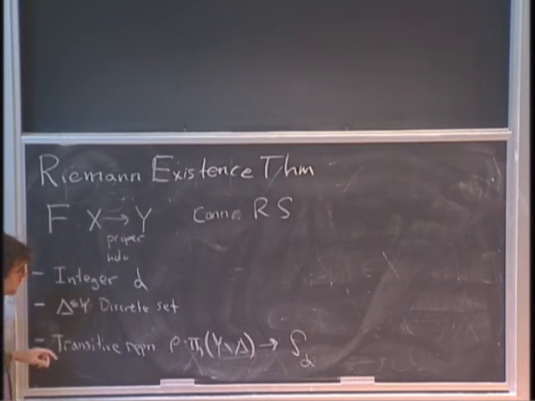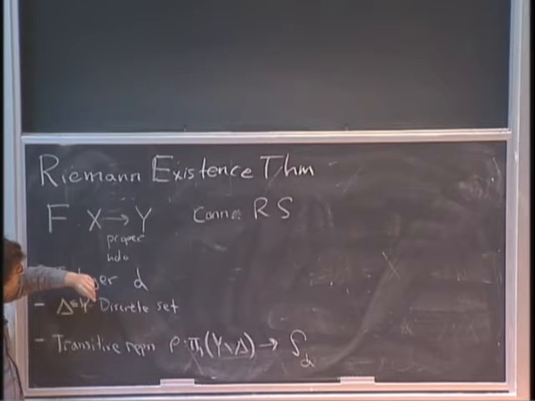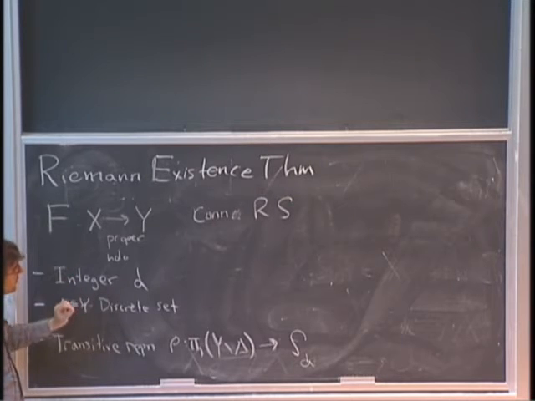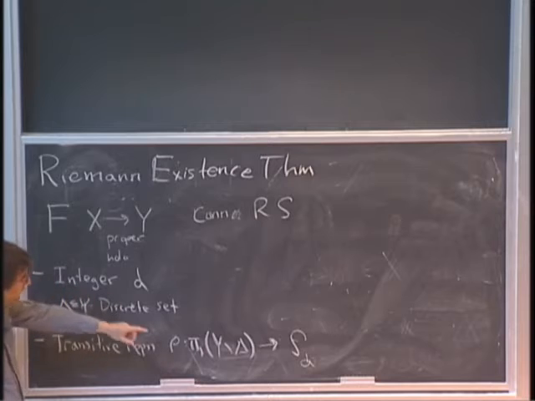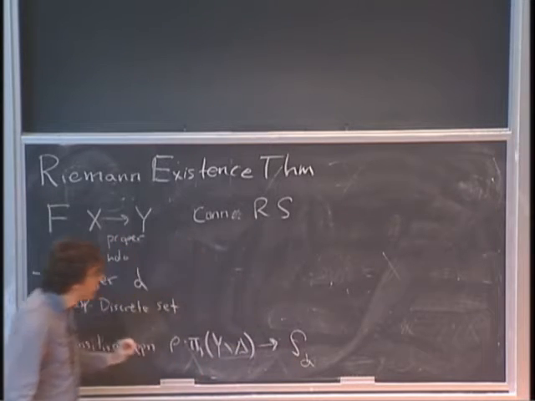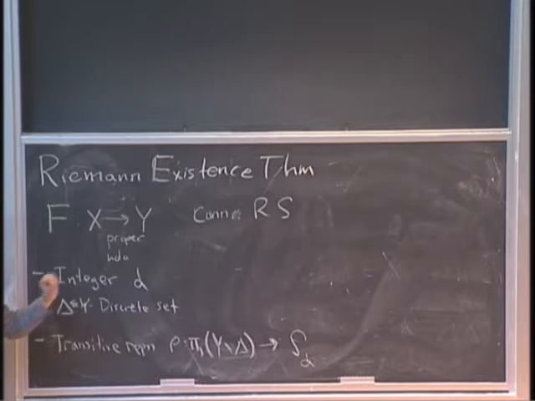If you take a loop in Y minus delta, then you can look at the lifts of that loop upstairs into X. The only choice you're allowed to make is where the starting point is, somewhere in the fiber over the point, and the element in the symmetric group is given by where you end up when you trace out the loop.